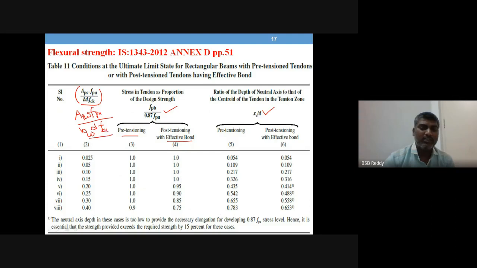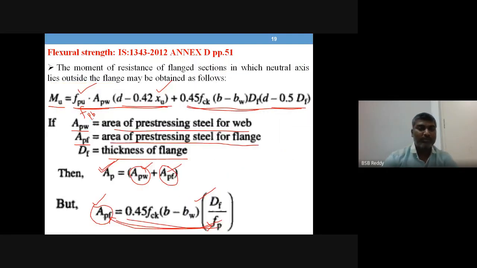So there is a change in the formula. Use it for the third case, where the neutral axis is falling in the web portion, outside the flange. And again, read for a particular value, and FPB and XU, get the values of these two and substitute in this formula.